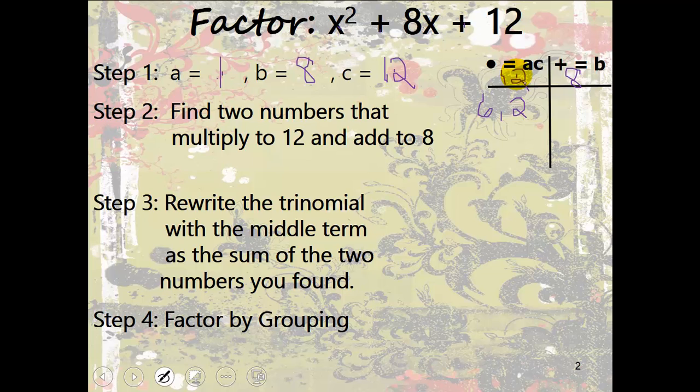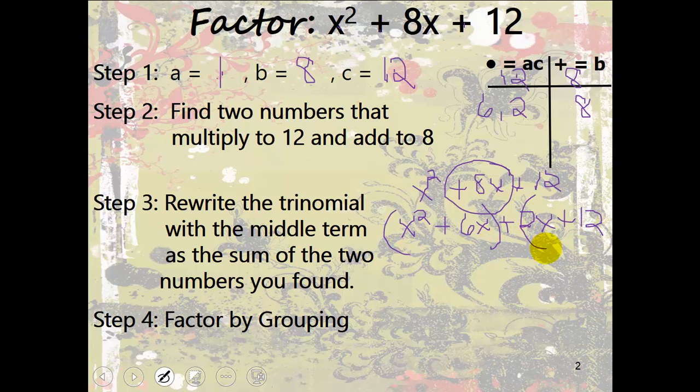So now I'm going to take x squared plus 8x plus 12, and rewrite it with the middle term being replaced with 6x and 2x. So I'm going to get x squared plus 6x, and it doesn't matter if you go 2x first or 6x first. And then I'm going to group.